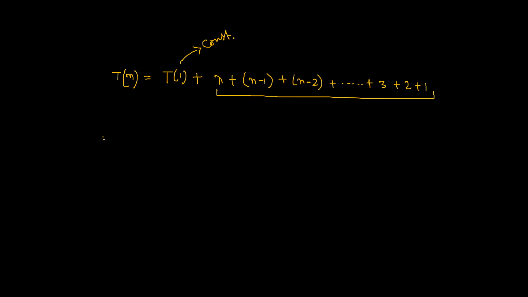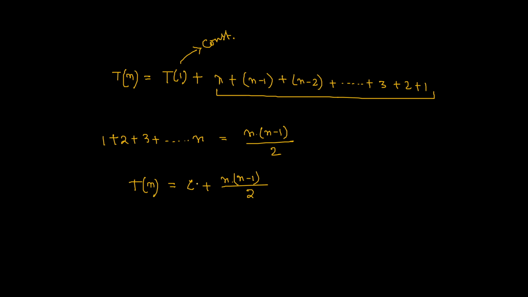And we know that 1 plus 2 plus 3 up to n is equal to n into n minus 1 by 2. We know this. So that means T of n will ultimately become some constant plus n into n minus 1 by 2.